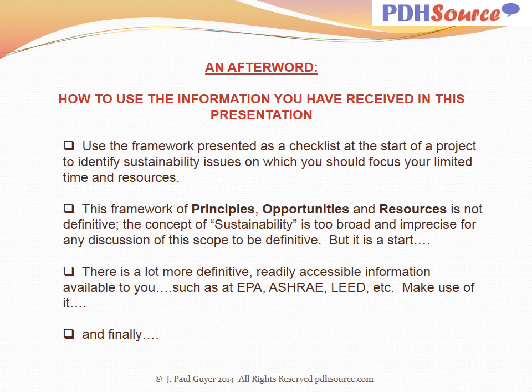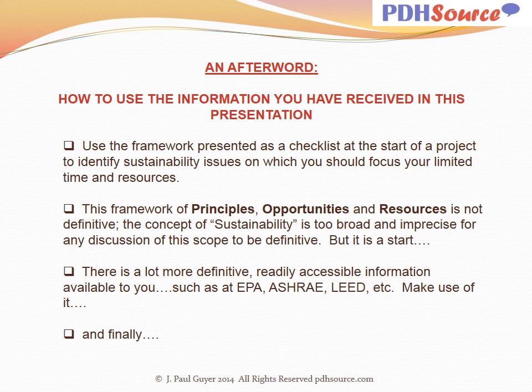And finally, what do you do with all of this stuff I've been chatting about? Well, what I think you can do is take these things I've talked about and develop a checklist of the principles, the opportunities that exist with the different principles, and then when you're in the concept stage or preliminary planning stage with a project, you sit down with your checklist and identify those opportunities where you might be able to do something on your project.